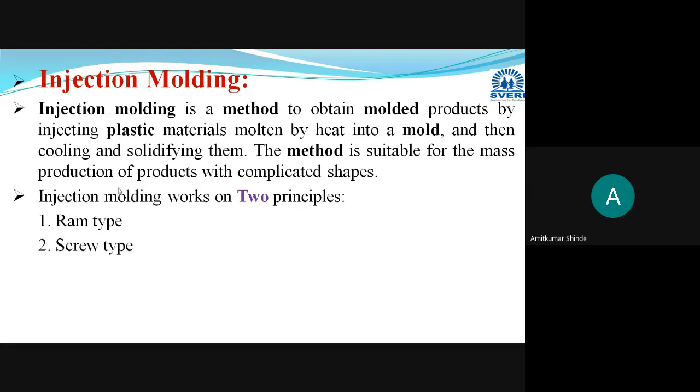Now in this injection molding process, this is the basic concept I have mentioned in two or three points here. The injection molding process is a method to obtain a molded product by injecting the plastic material, melting it by heat, into a mold, and then cooling and solidifying it.